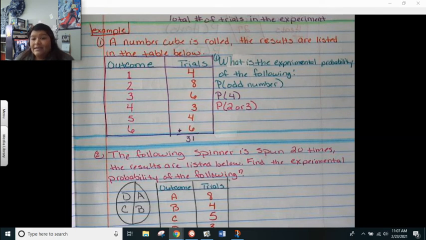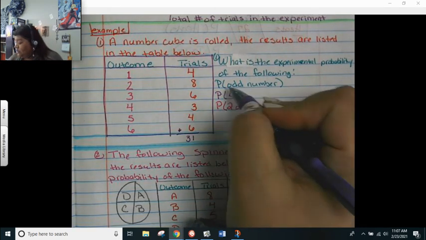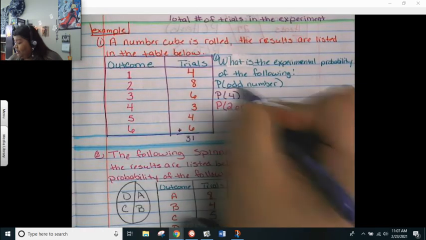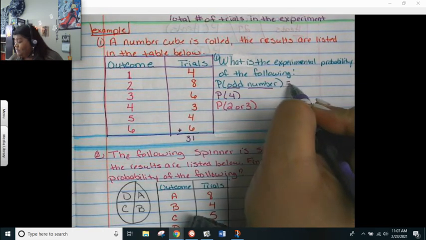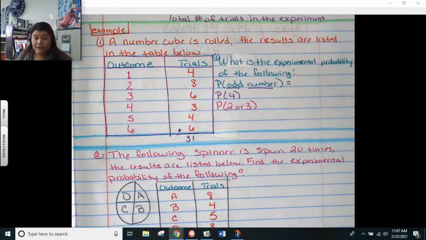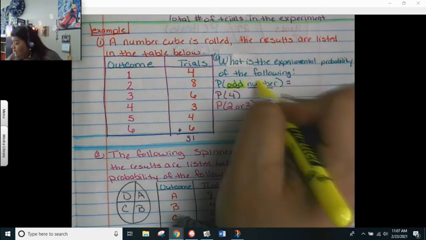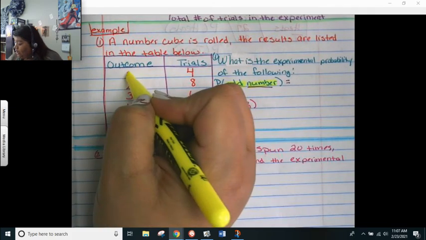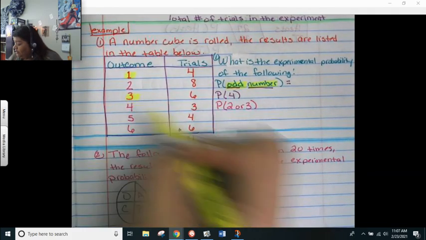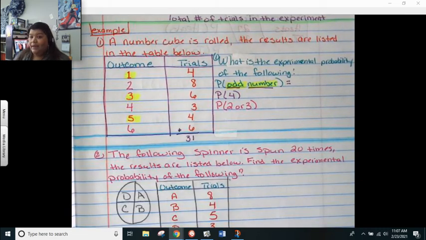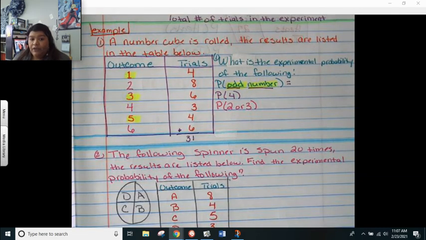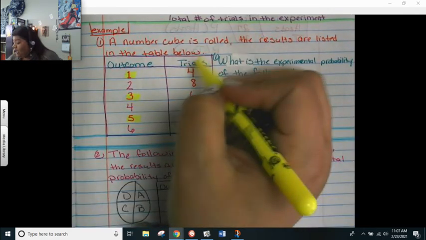So they're asking us to find the experimental probability of the following, and they give us 3. So this first one, it says, what is the probability of getting an odd number? So I'm going to use highlighter so we can distinguish. Here are my odd numbers in yellow. Now in theoretical probability, I would really have to think about how many is that over how many total. Here I'm looking at the trials.